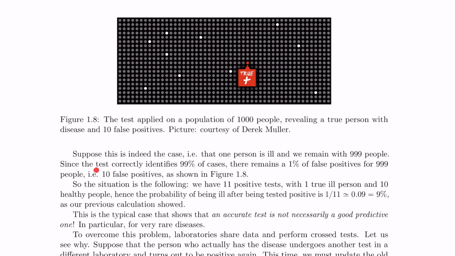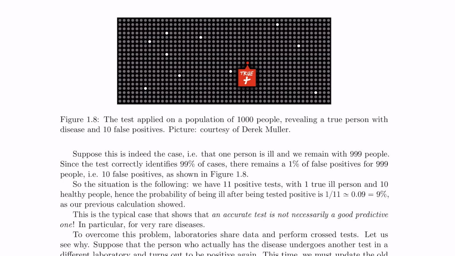We know that the test correctly identifies 99% of cases, so there remains 1% of false positives, that is 10 false positives. To resume, the situation is the following. We have 11 positive tests with 1 truly ill person and 10 healthy people.